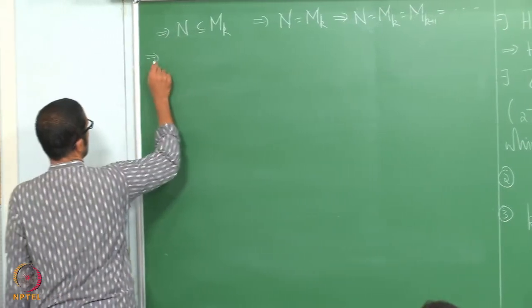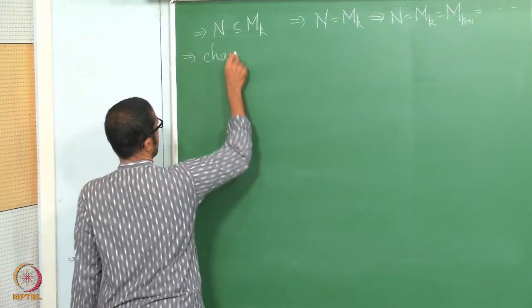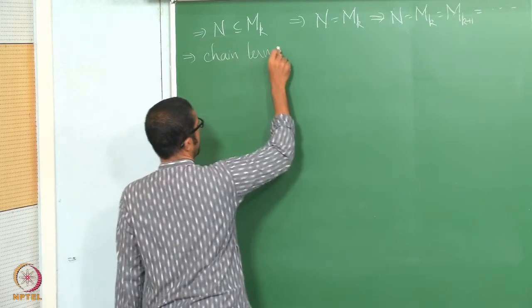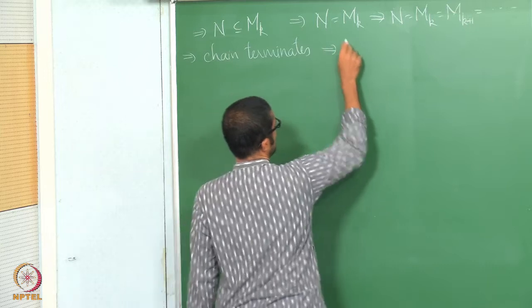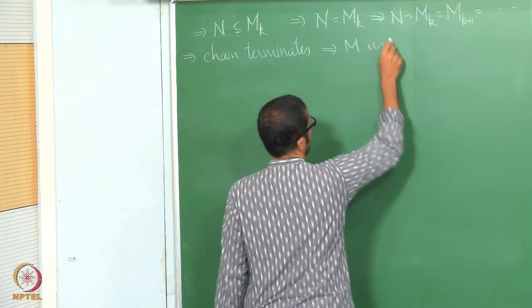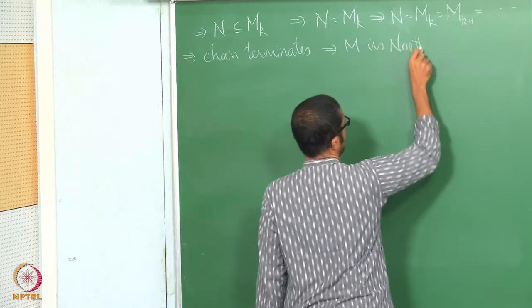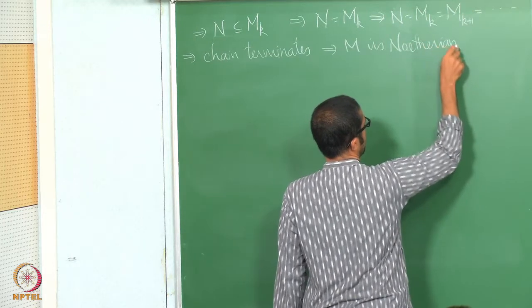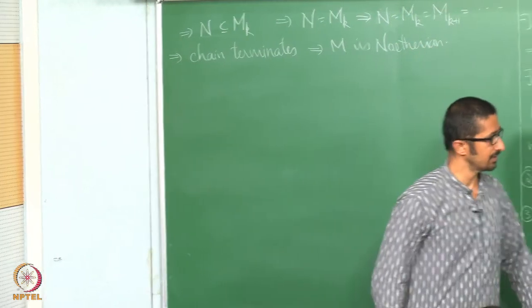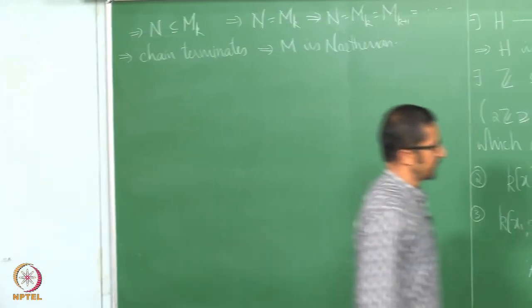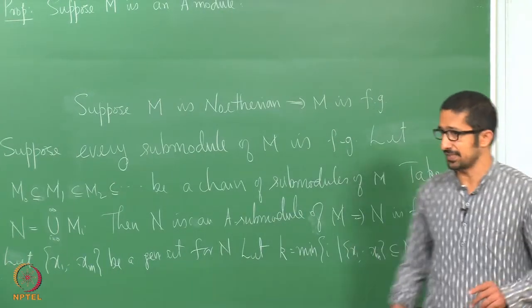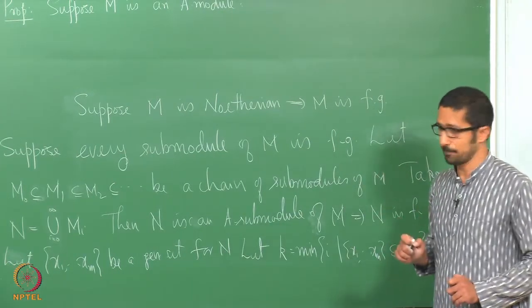So the chain terminates. That implies M is Noetherian. So we are saying here that if every submodule of M is finitely generated, then M is Noetherian.